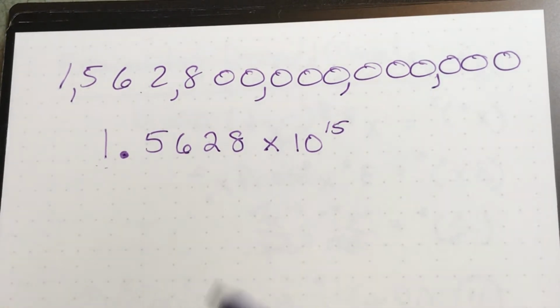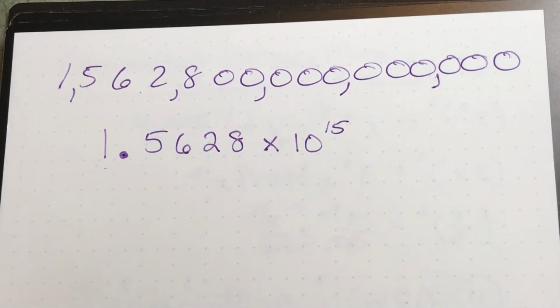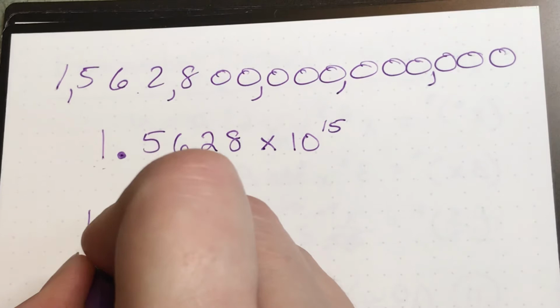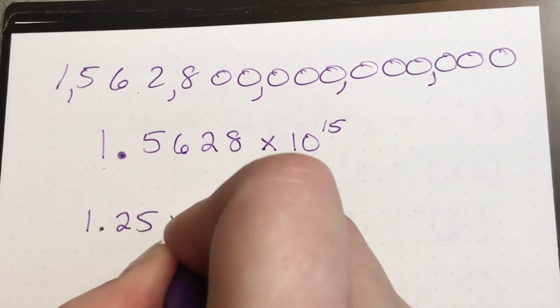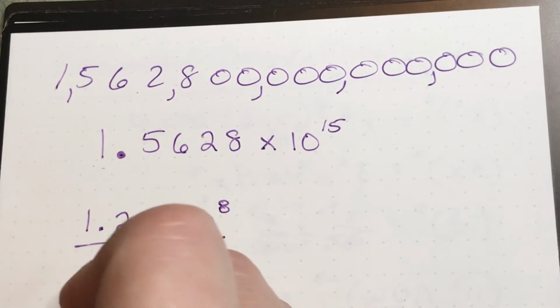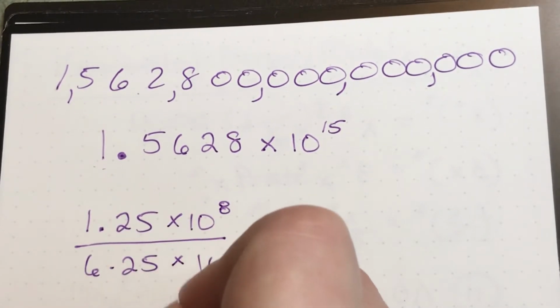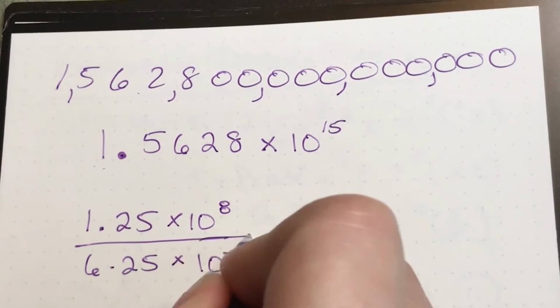So then if I am working with numbers in scientific notation, like in the example here, we have 1.25 times 10 to the 8th divided by 6.25 times 10 to the negative 4.